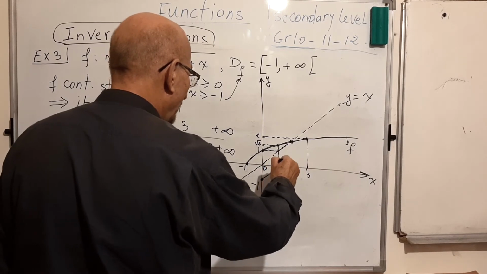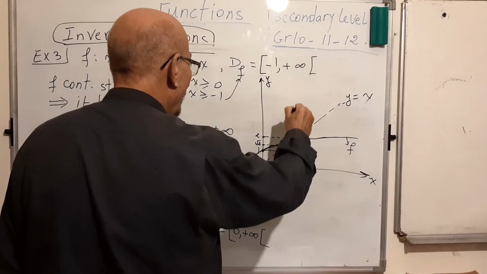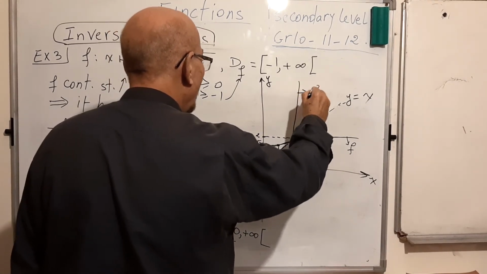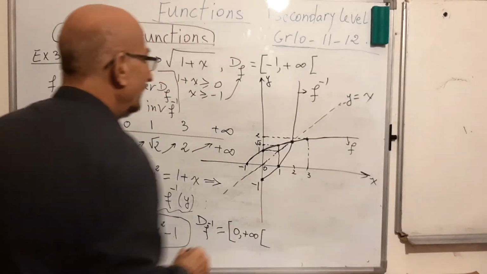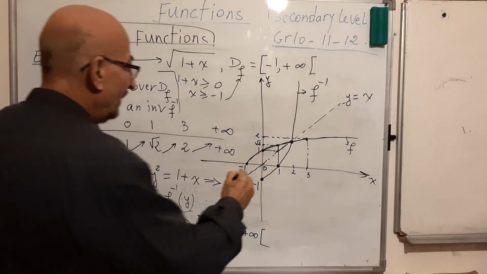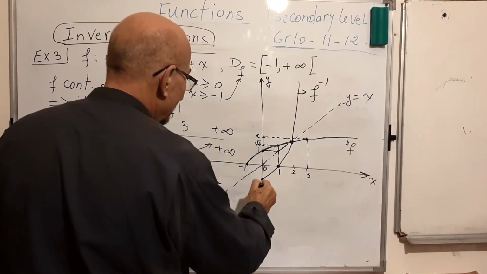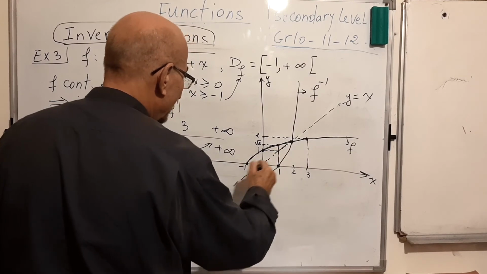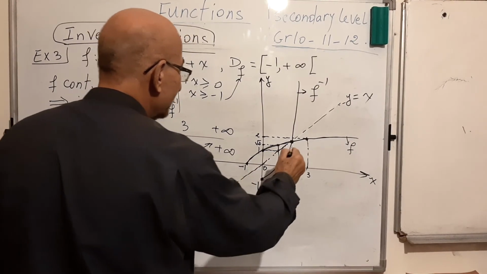So we can draw the graph of f minus 1. This part is the symmetric of this part with respect to y equal x.